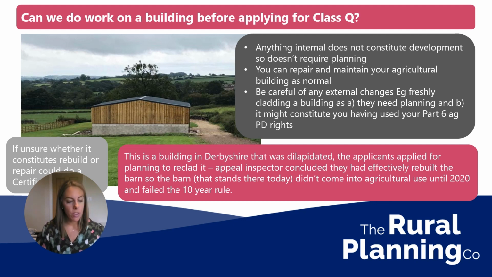Now, the first thing to say is that anything inside a building doesn't constitute development. So that doesn't require planning. So you can do work on the inside of a building, for example, disregarding Class Q for a minute, but if you had got an agricultural building that was tin on the outside and you wanted to change the use of that to a grain store, and if you wanted to put concrete panelling or breeze blocks on the inside of that building to use it as a grain store to push up against, then you can do that and it doesn't require planning consent.